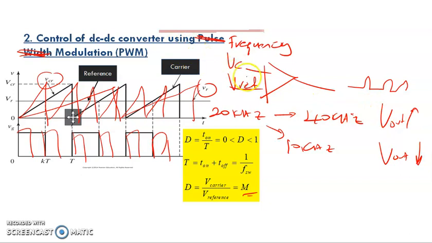Just now, for PWM, we were adjusting V reference upper or lower, but now for frequency modulation we are adjusting the carrier. It means the carrier frequency becomes higher or lower. Higher frequency, the V out increases. Lower frequency, the V out will decrease. So this is the control approach of frequency modulation control.